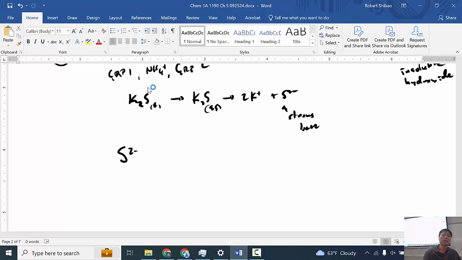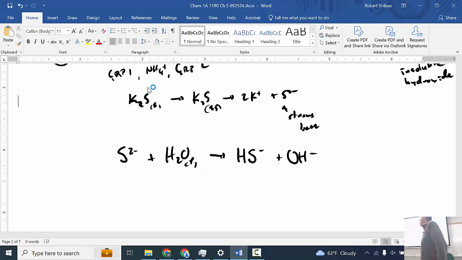Because what happens here is sulfide's a very strong base, and it will hydrolyze water completely to form what? Hydroxide and hydrogen sulfide ion. So what we're doing is we're replacing a more powerful base with a less powerful base.